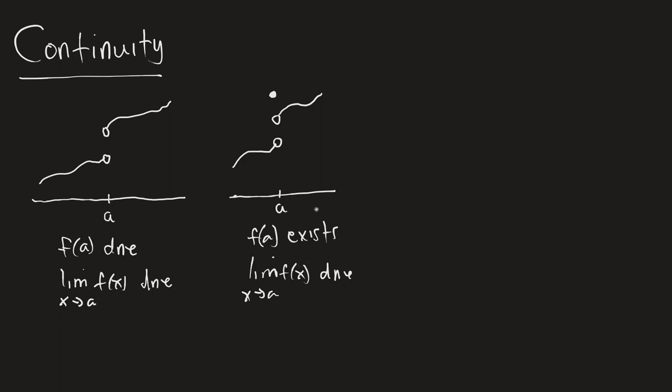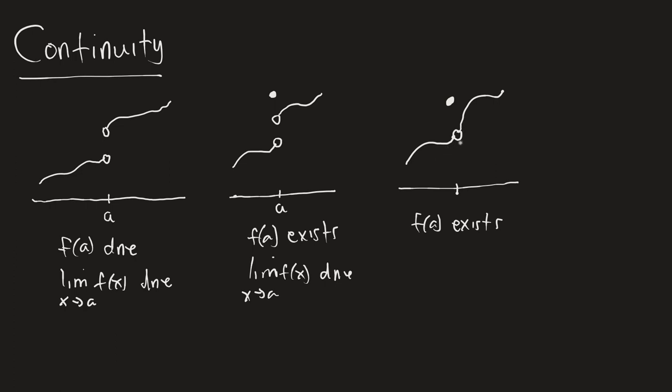Okay, so now I'm going to modify this ever so slightly. And hopefully, eventually, you see where I'm going. So now what I'm going to do is do this, but still have my dot shaded in up there, right? So now think about what we can say. We can say still f of a exists.